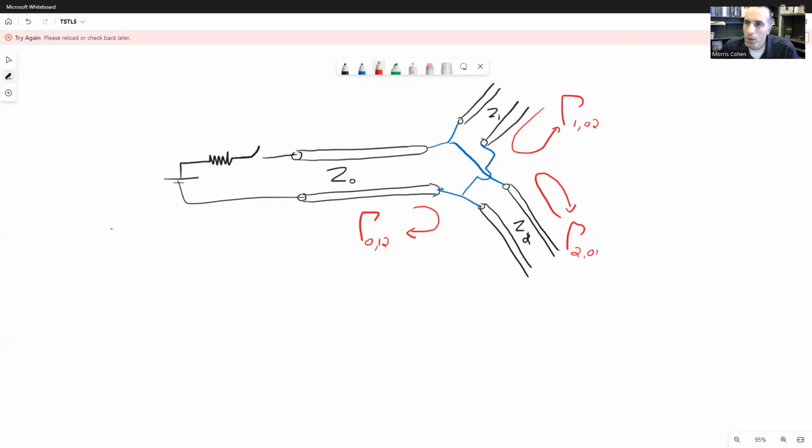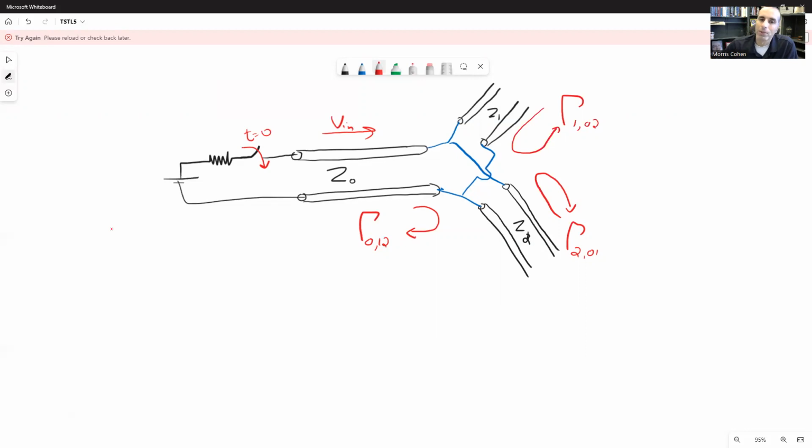All right, so what are these reflection coefficients and how do we define them? So let's think about this from the perspective of a wave that's coming in that way. The moment the switch is closed at t equals 0, we have some input voltage that's launched into this transmission line. And it hits this junction where it sees both Z1 and Z2.